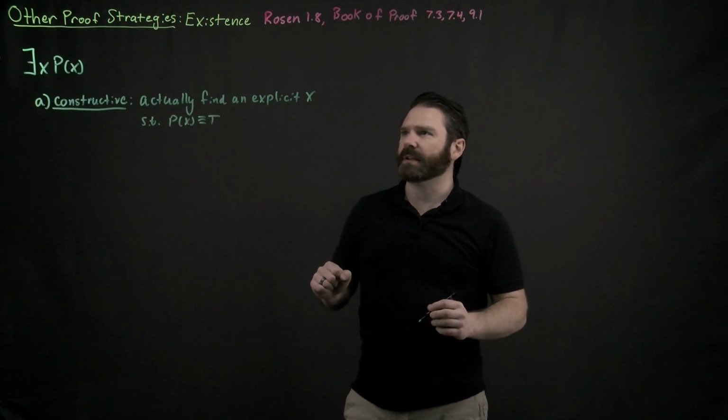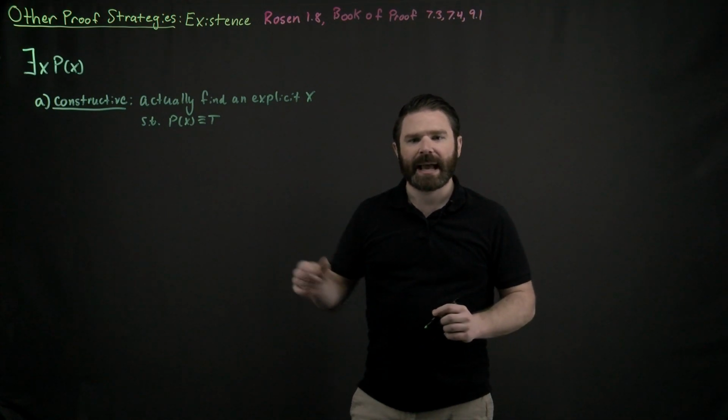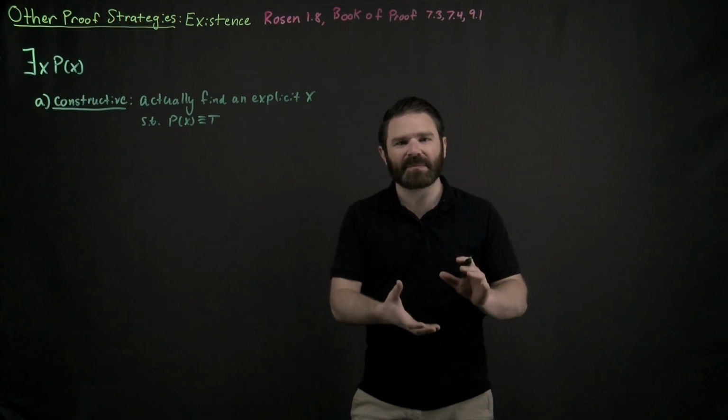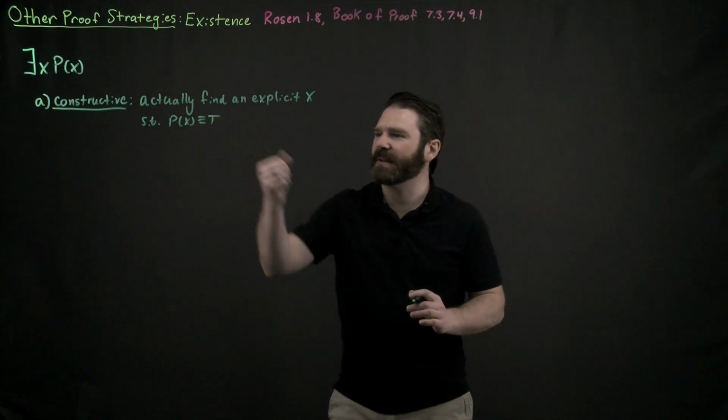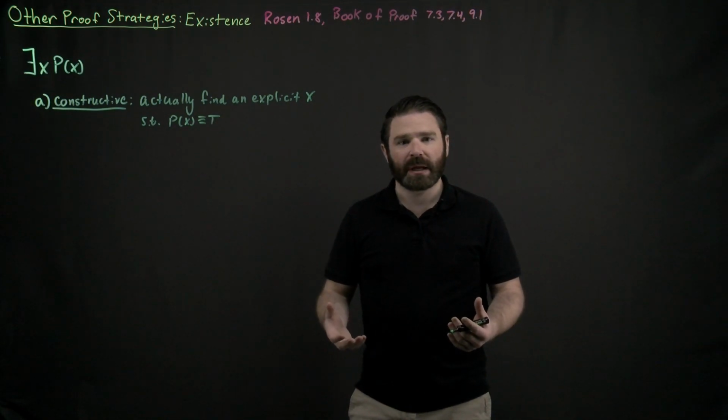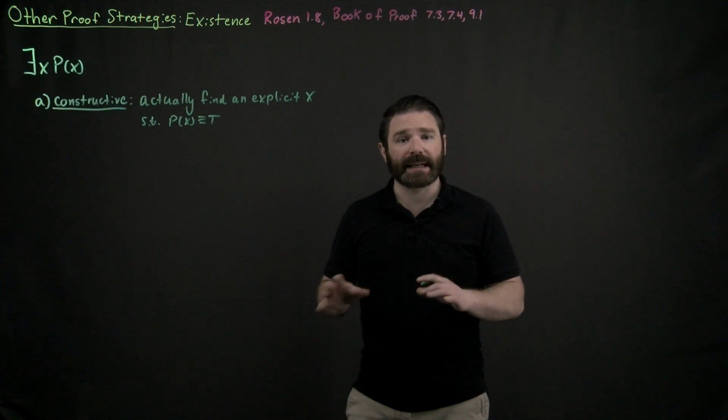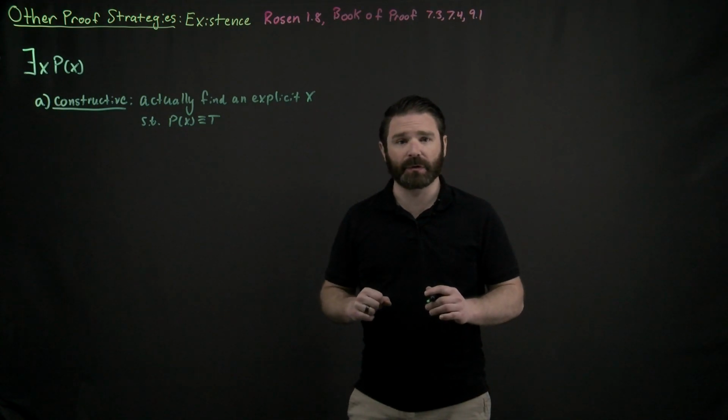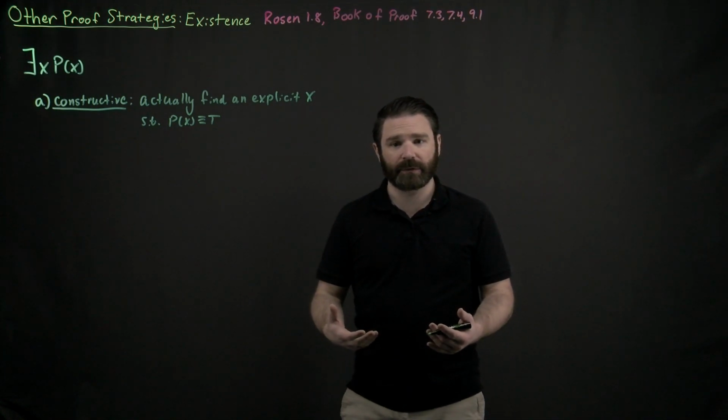So a constructive existence argument actually goes out and finds some explicit x such that your statement p of x is true. On the other hand, there's a technique for showing existence proofs that's called non-constructive.